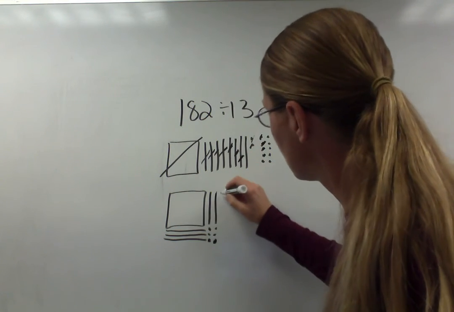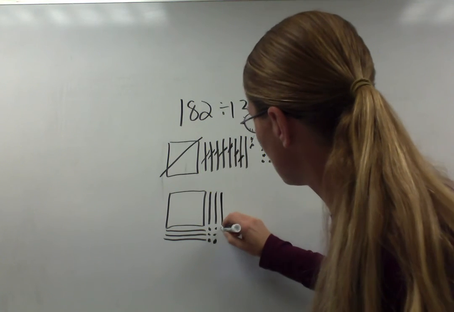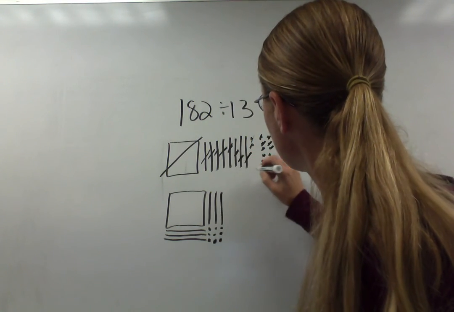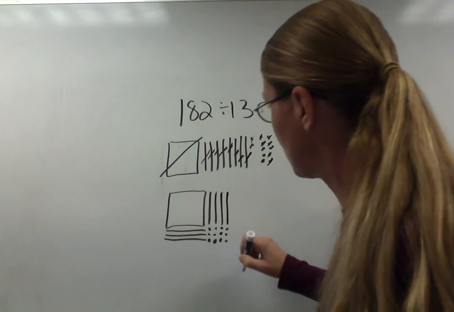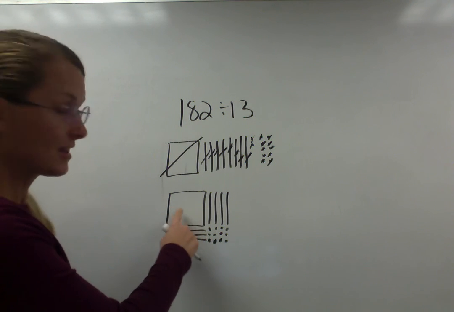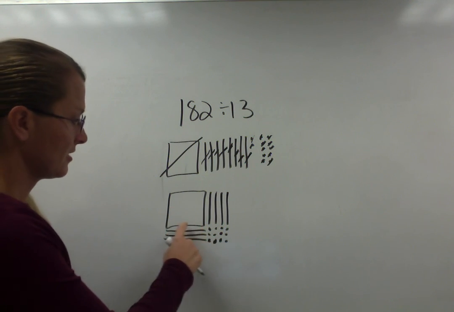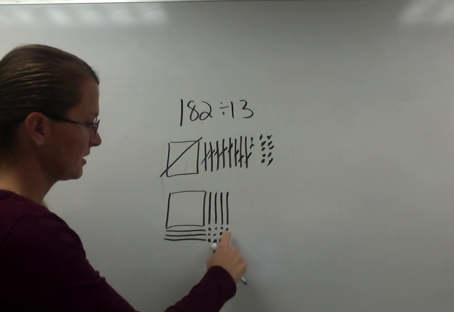Take another 10 and another 3 ones and put them under here. And another 10 and another 3 ones and put them under here. Okay? And so what I end up with is 10 rows of 10 here. Okay? And so 10, 11, 12, 13, 14. So I end up with 14 rows of 13.